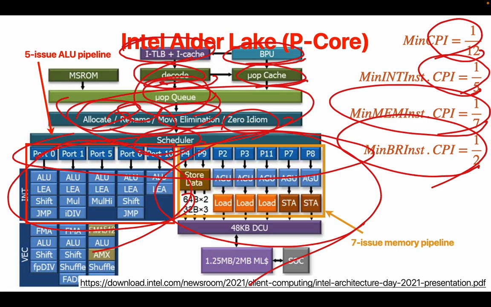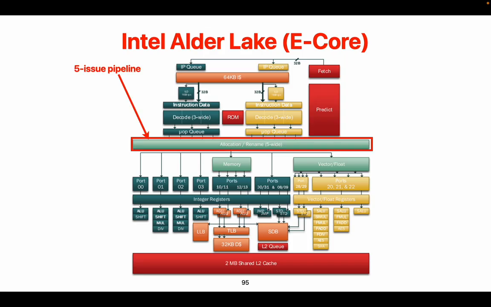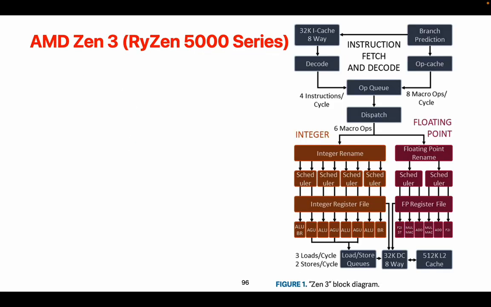Based on this, you will know the key to high performance programming is how to optimize my code in a way that allows the processor to issue as many instructions as possible in each cycle. And even the efficient core in Intel's Alder Lake architecture is still a 5-wide issue pipeline.